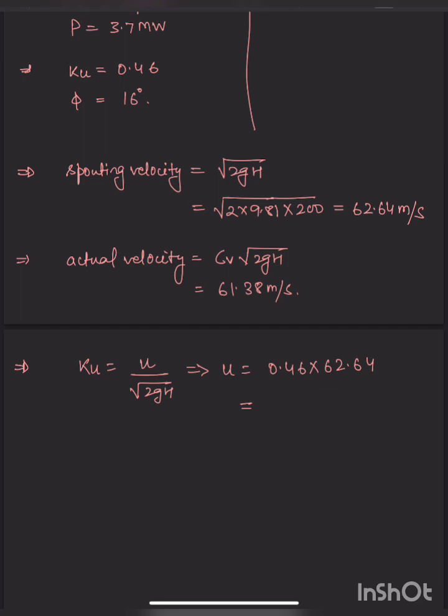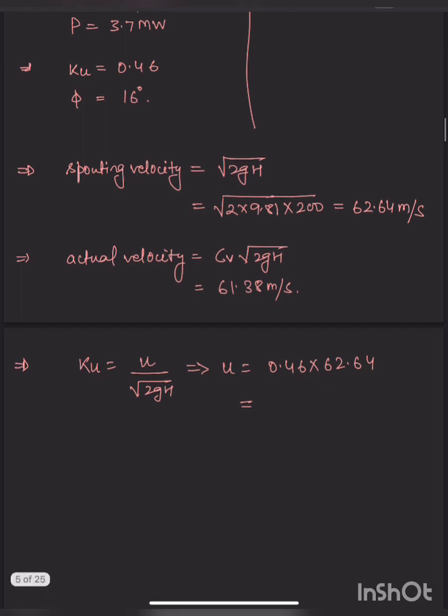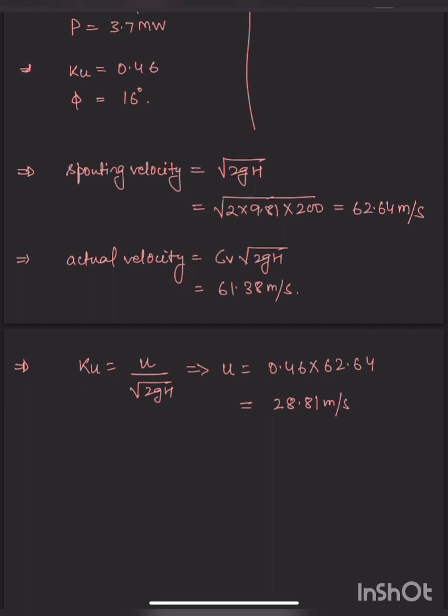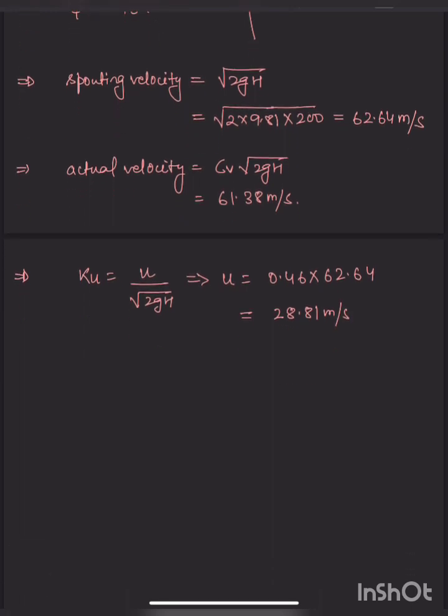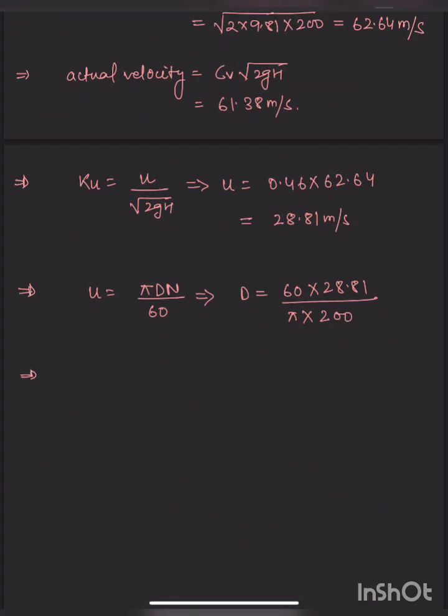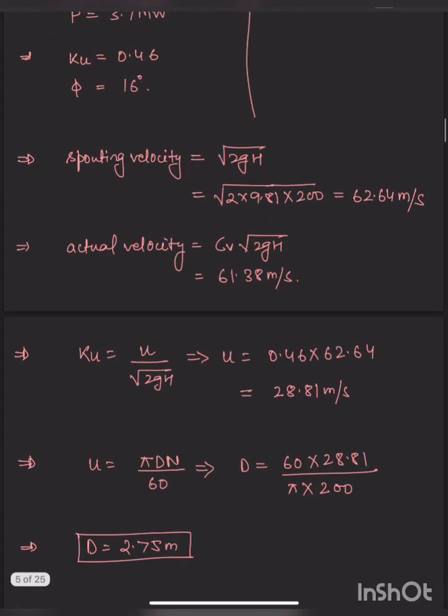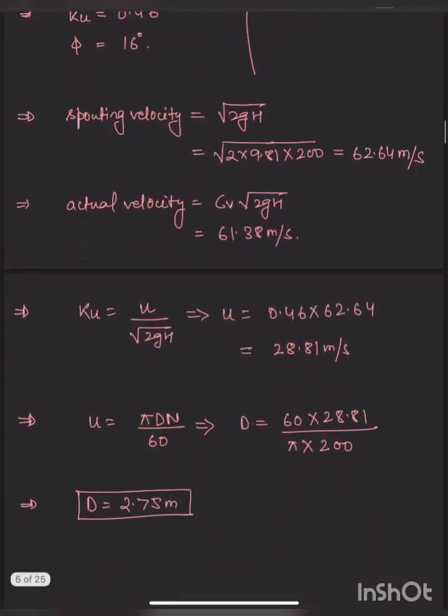We got the blade velocity as 28.81 meter per second, and we also know that blade velocity is equal to pi DN by 60. In this equation only D is not known, so we will find the diameter of the wheel by putting the values. So the diameter of the wheel is 2.75 meters.